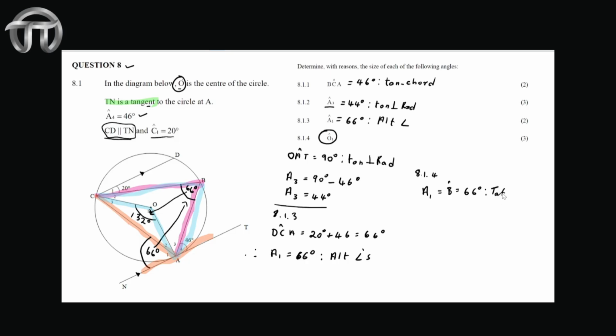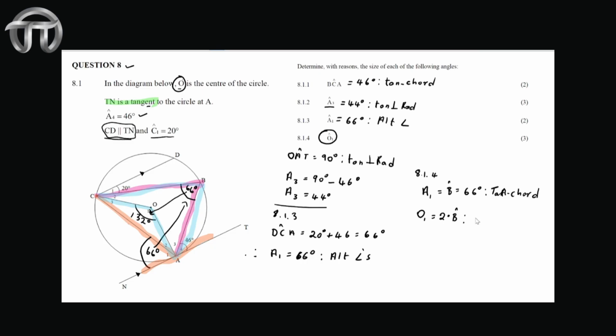So we say that we have a tan chord theorem. From having that, then we can say that angle O1 is equal to 2 times angle B.